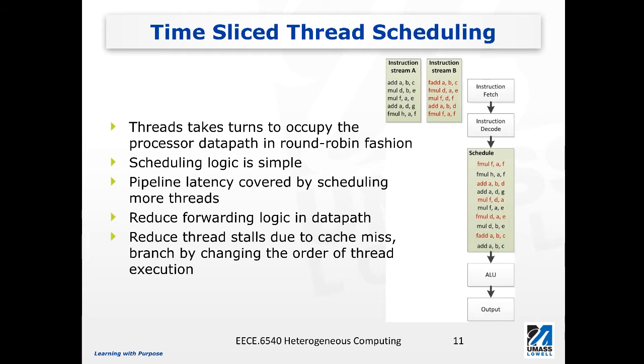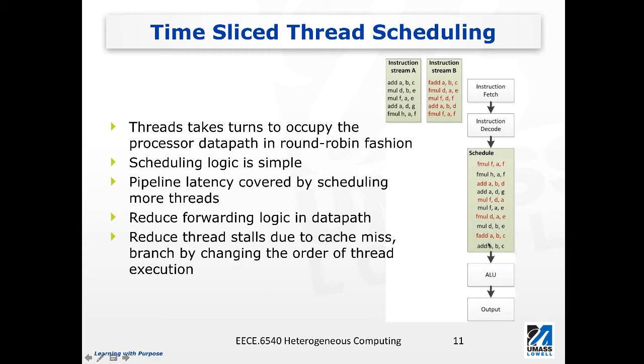On the right, we have, again, two instruction streams, A and B. And we know that these instruction streams are independent. And so we'll put these two instruction streams through the instruction fetch and decoding stage. And in the scheduling, we actually have a very simple task.